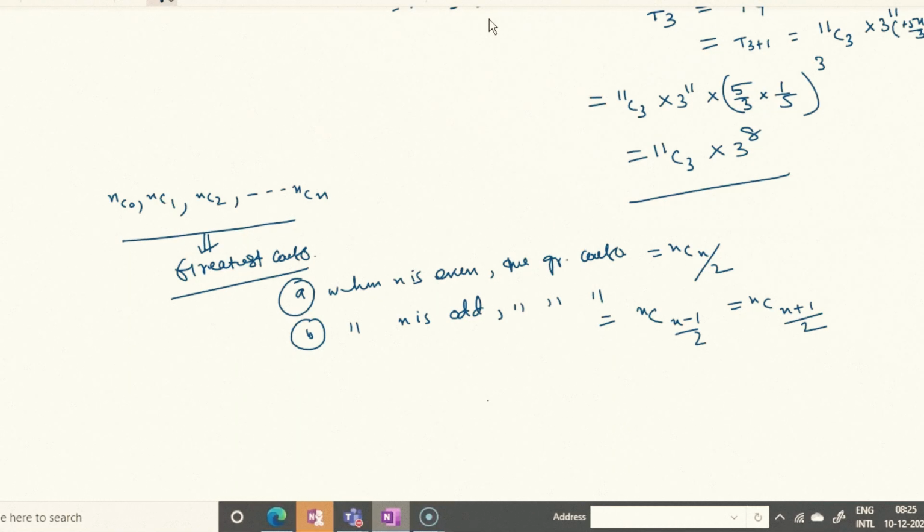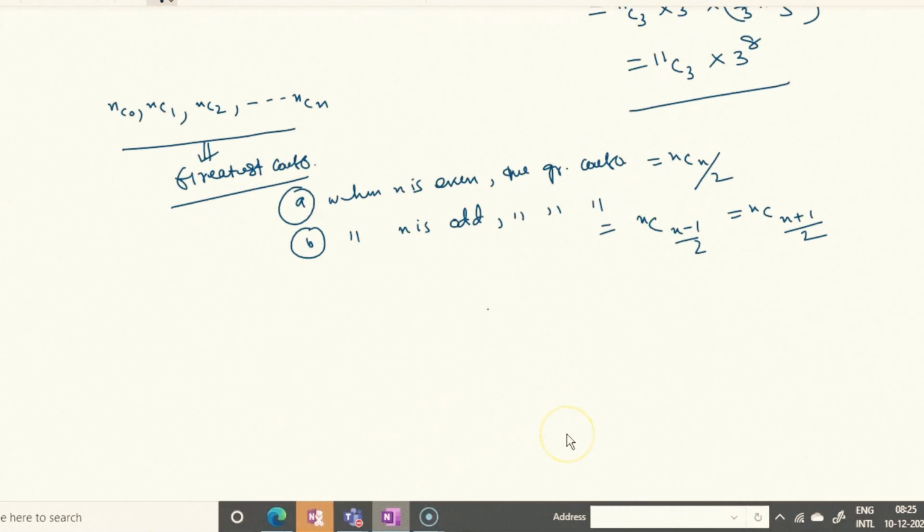So now let us just decide which one is the numerically greatest coefficient in, say, 1 plus x to the power 21. Here 21 is an odd number.